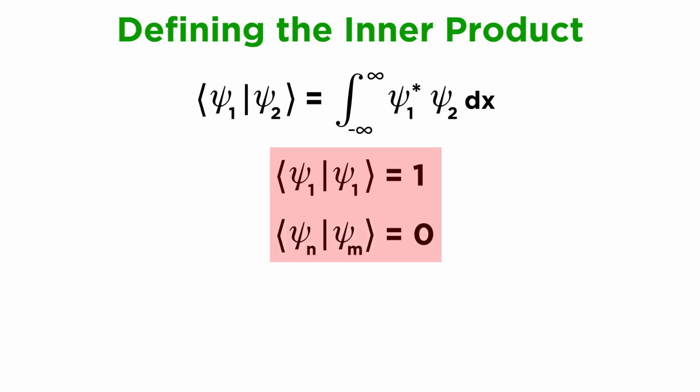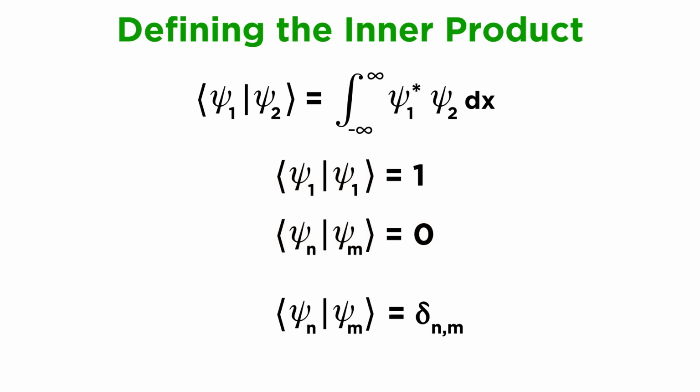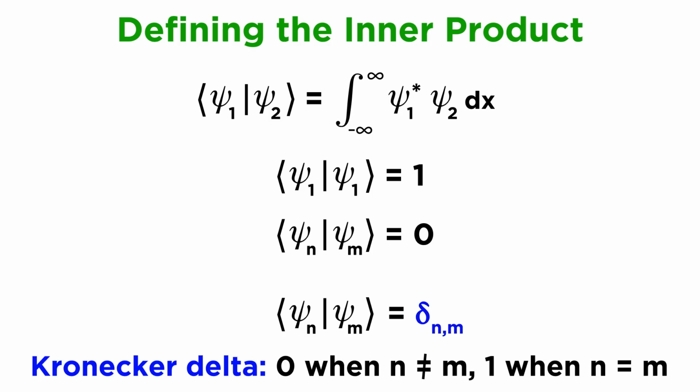The way to represent these relationships at the same time mathematically is to show the inner product of psi n and psi m as being equal to something called the Kronecker delta, which is presumed to be 0 when n and m are unequal, and 1 when n and m are equal.